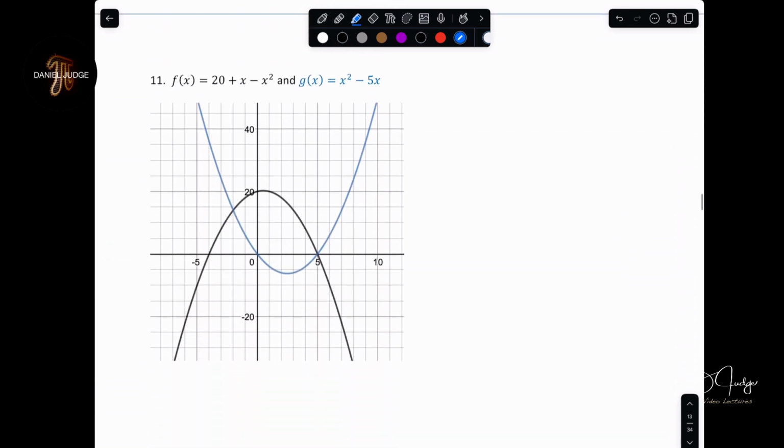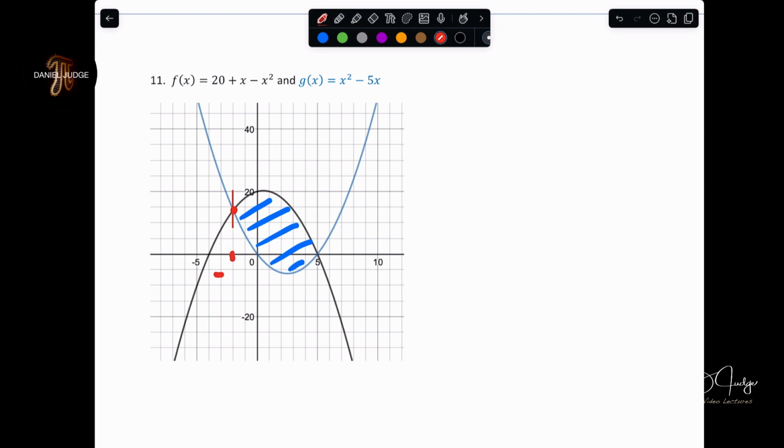So let's go to number 11 here, another area between two curves, a bounded region. Alrighty. This is the bounded region. So again, points of intersection.